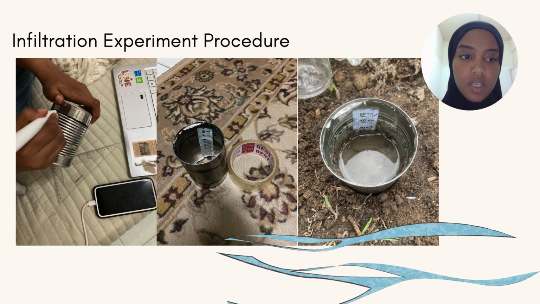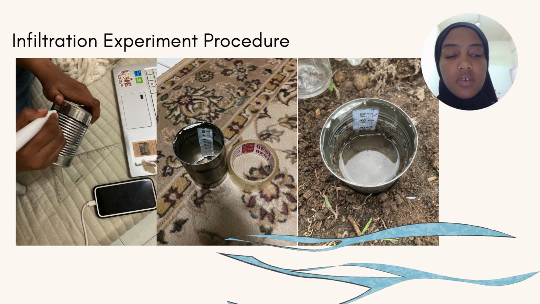Once it was empty, we refilled it and repeated the process about five times. We did 5 trials, and in each one we calculated the infiltration rate in millimeter per minute using the formula rate equals water depth over time in minutes. This helps us to understand how fast the soil in our area can absorb rainfall water.